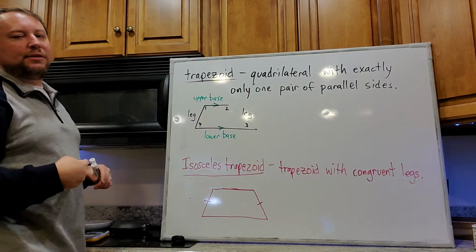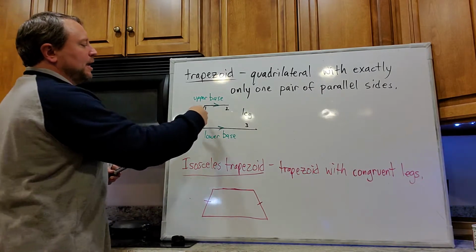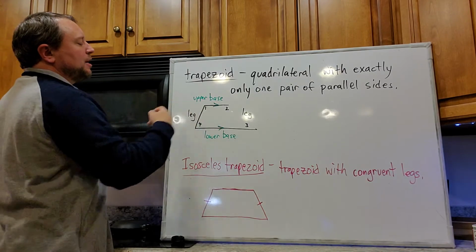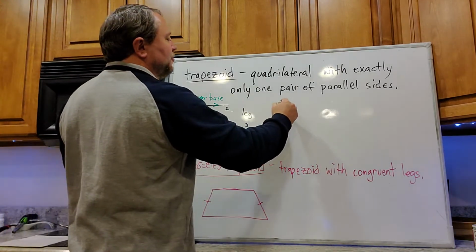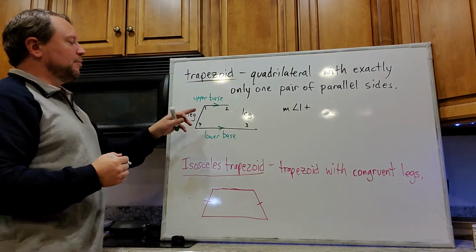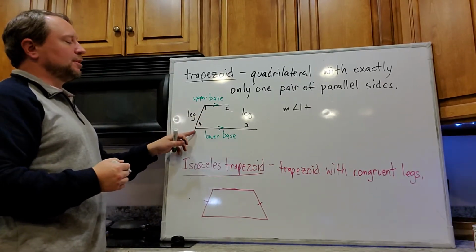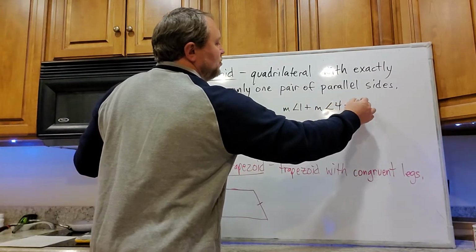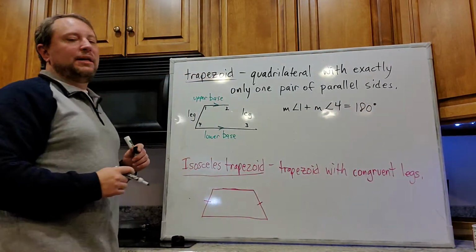And we learned back in Chapter 3 that if the lines were parallel, like the top and bottom are here, then those same side interior angles 1 and 4 have something going on here. And it's not that they're congruent. I mean, you can see that one's obtuse and this one's acute. But instead, it turns out that they add up to 180 degrees.